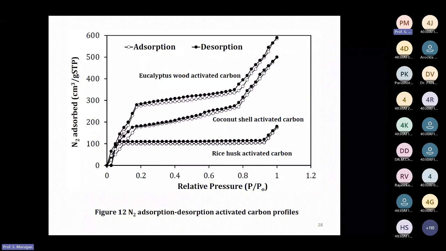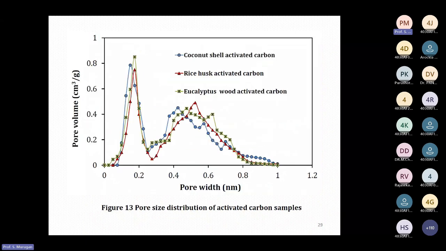Rice husk shows very low adsorption and desorption curves. Similarly, for the activated carbon obtained from three different samples, pores are there in the activated carbon. Those pore size and pore volume play a very, very important role in capturing CO2.